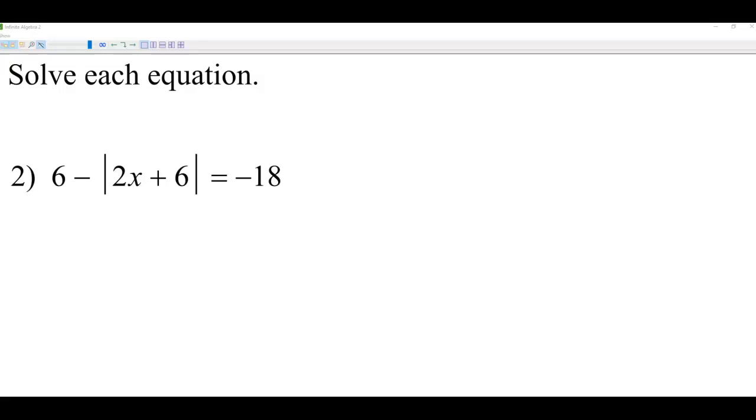Alright, let's begin. So the first thing to do when you're solving an equation that has an absolute value in it is you get rid of the numbers on the outside first. So I'm going to subtract this 6 here on both sides.